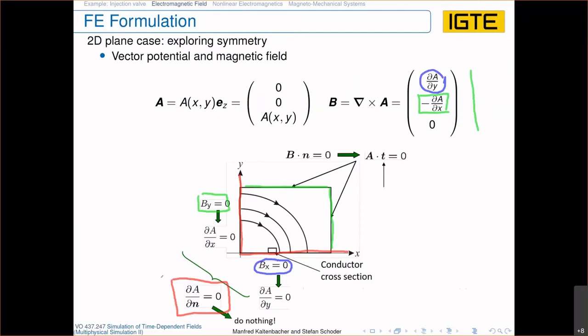So we get a very general expression in 2D, and this relates to a homogeneous Neumann boundary condition, since our partial differential equation for the 2D plane case as well as the 2D axisymmetric case is just a scalar partial differential equation, because we have just one unknown, the magnetic vector potential. Okay, so that would be for 2D case computations.